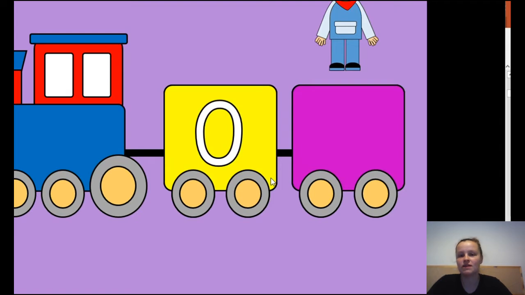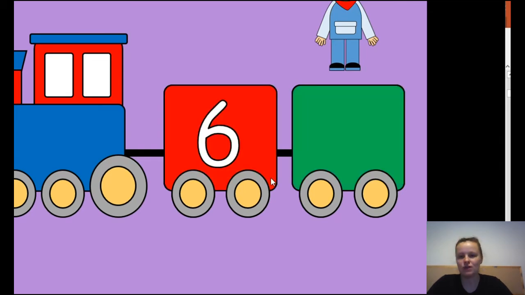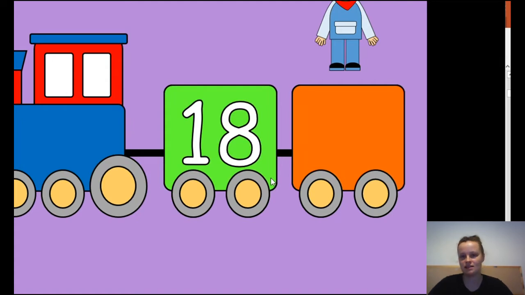16. What comes after 0? Easy one. 0, 2. What comes after 6? 2, 4, 6, 8. What comes after 18?